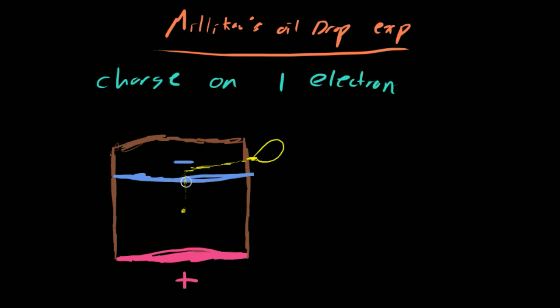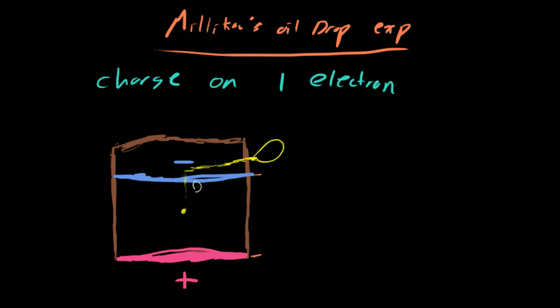And essentially, they were able to control what the voltage was on each of these plates. As one drop of oil, the tiniest little drop that they could possibly get, came down through the hole, they adjusted the charge on each of these plates so that this drop would suspend and stop moving and stay exactly in between the two plates.